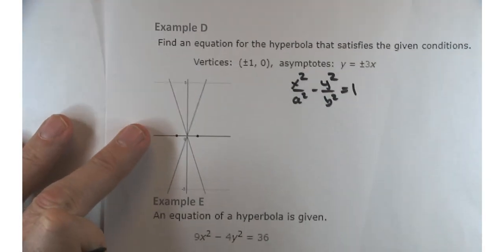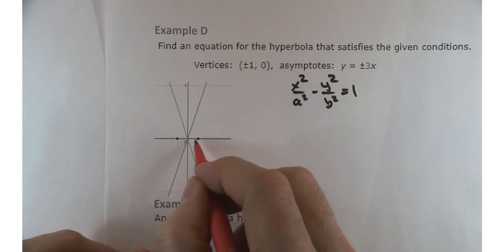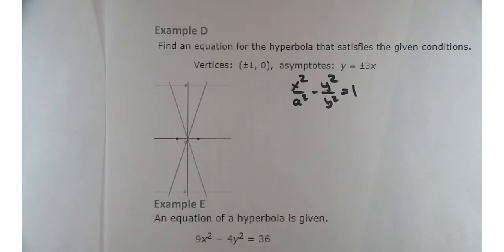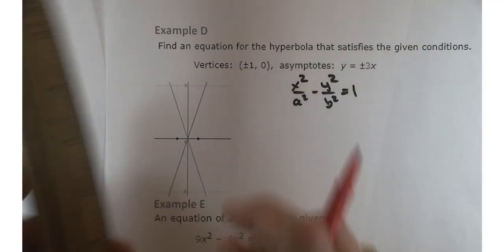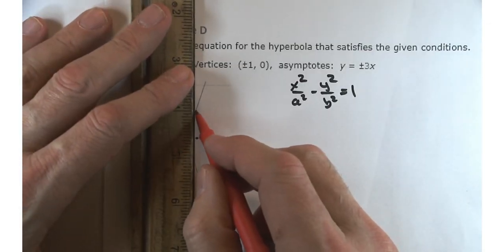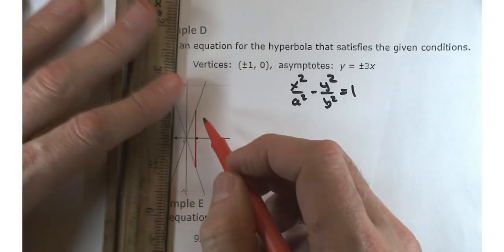All right. Now let's use the fact that the vertex here is at 1, 0. That's going to tell us a little bit of information about our graph. And we can get some more information this way. It's through that vertex that we can draw our rectangle.